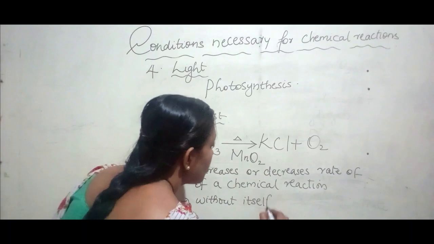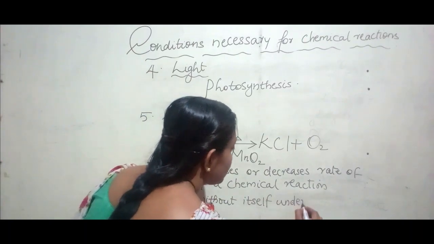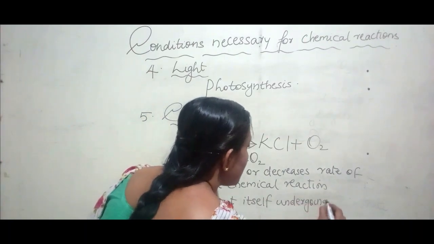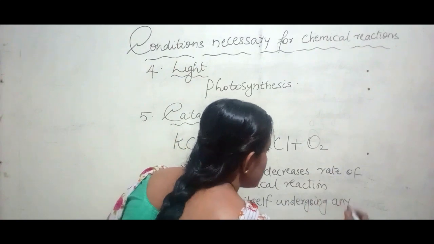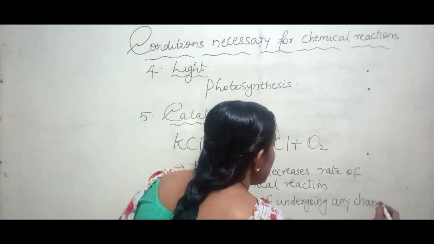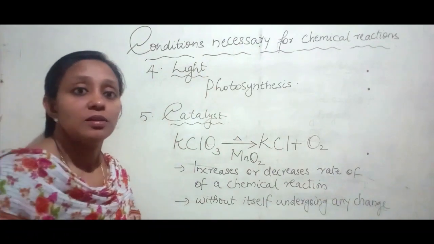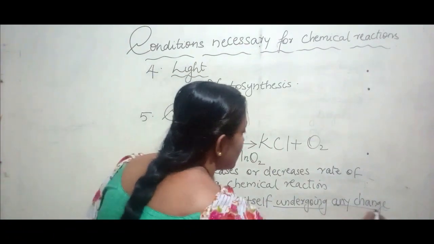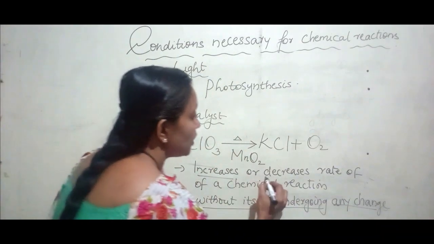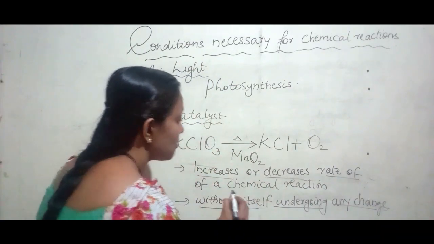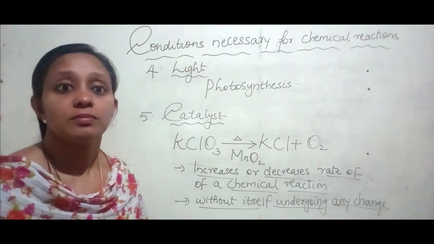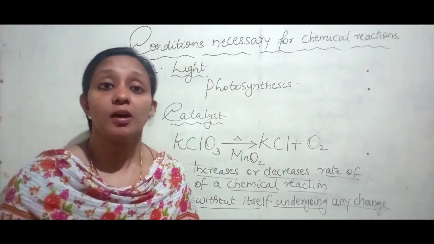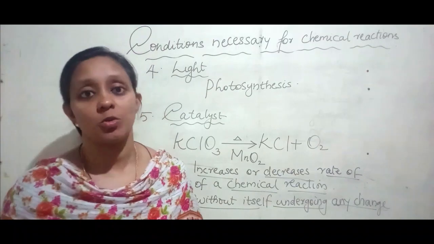It will remain intact without any change. Increases or decreases the rate of a chemical reaction. Okay, when you write the definition of a catalyst, all these points are to be included.